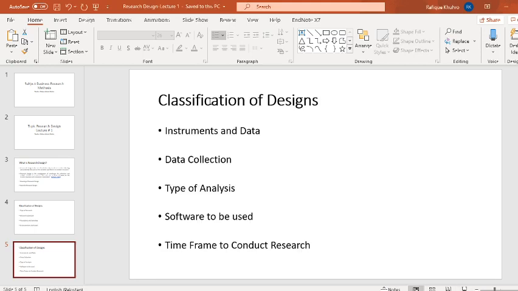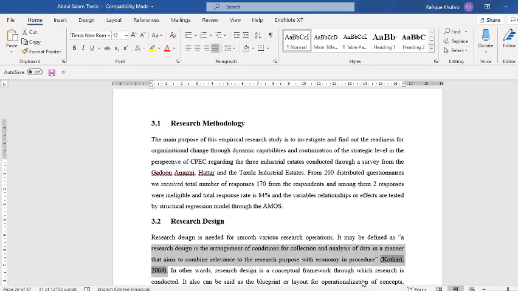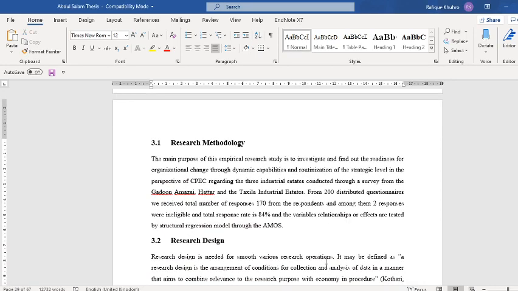And the last part of this lecture is to show you how it is represented. I have two samples, one is a thesis and one is a research paper. So this is the research methodology part of a research paper.